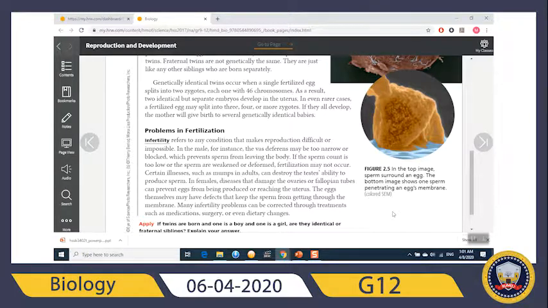Certain illness like mumps can destroy the testis's ability to produce sperms. In females, for example, a condition or damage in the ovaries or fallopian tubes can prevent the eggs from being produced or reaching the uterus. So many reasons and syndromes can cause infertility, okay? And many infertility problems can actually be corrected through treatment such as medication or surgery.